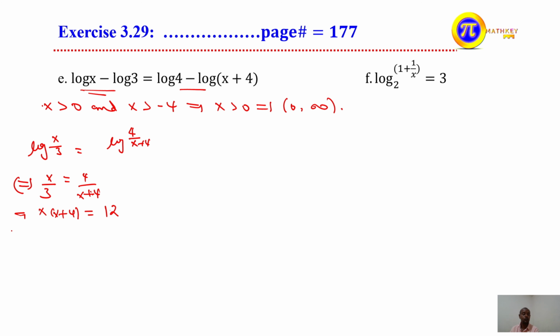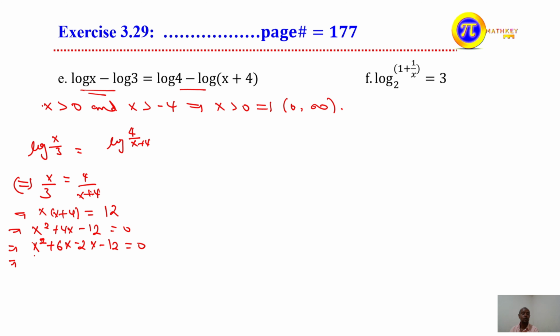This implies x squared plus 4x minus 12 is equal to 0. We try to find two numbers whose sum is 4 and their product is negative 12. The numbers are 6 and negative 2. We can express this as x squared plus 6x minus 2x minus 12 is equal to 0.